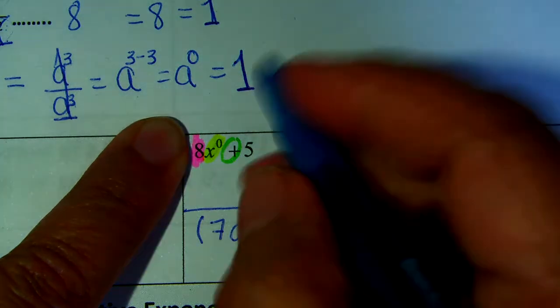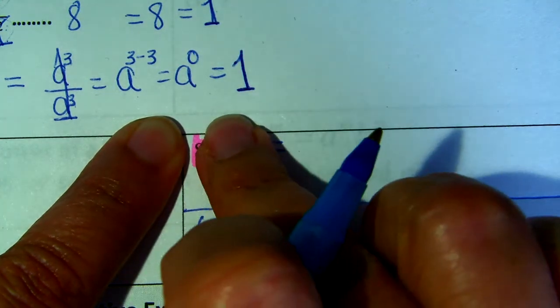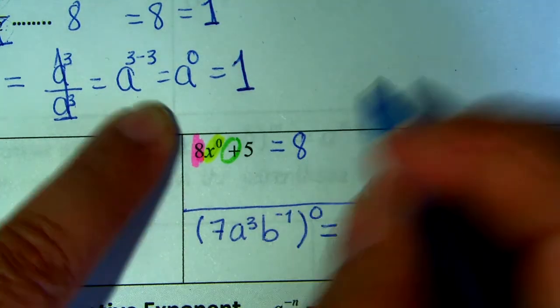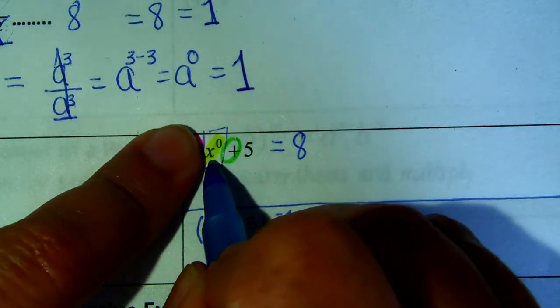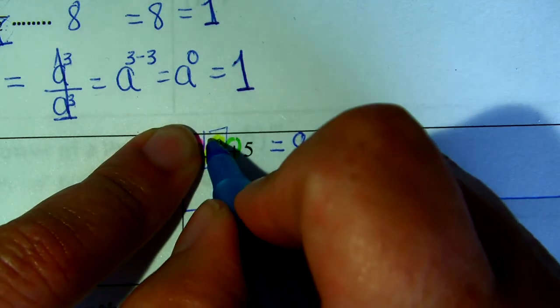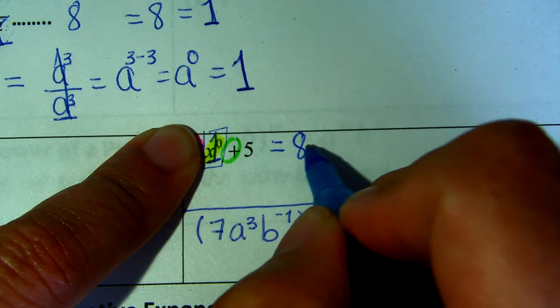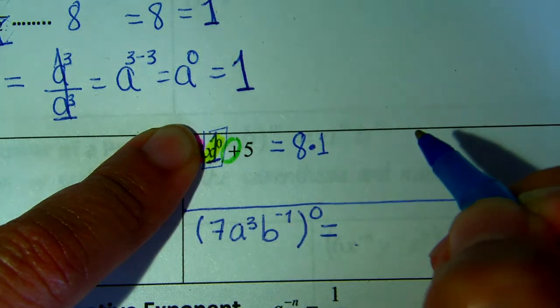So I'm going to start simplifying. This one does not have a power of 0, so I'm going to leave it like that. But the only one that has a power of 0 is the x. So this x to the power of 0 becomes a 1. So it's like having 8 times 1 right here.